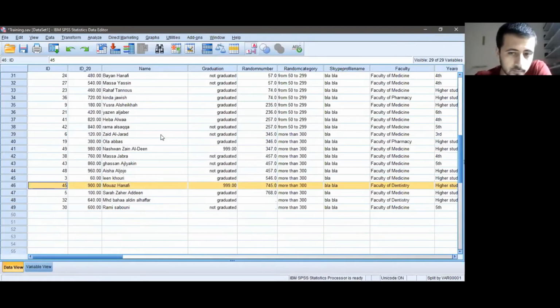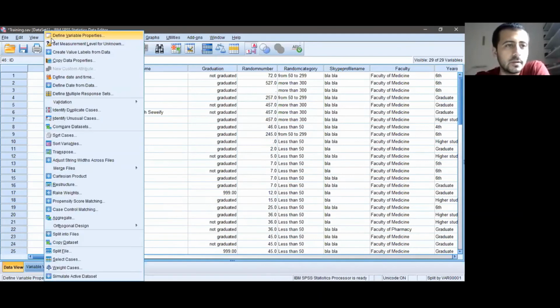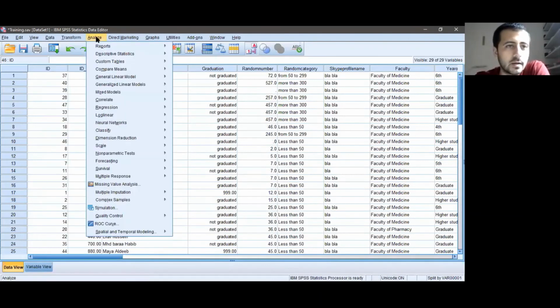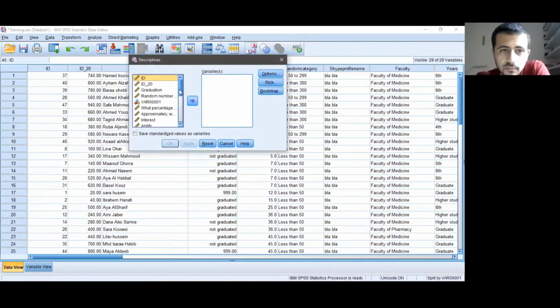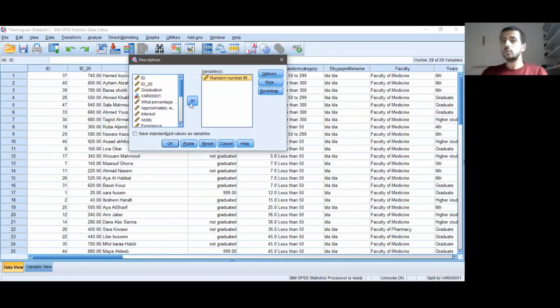Now you can't see anything in here, but let us pick something and do an analysis. For example, I will need a descriptive about the ID and another descriptive for, or let's just take the random number. Do you remember what the descriptive analysis means?